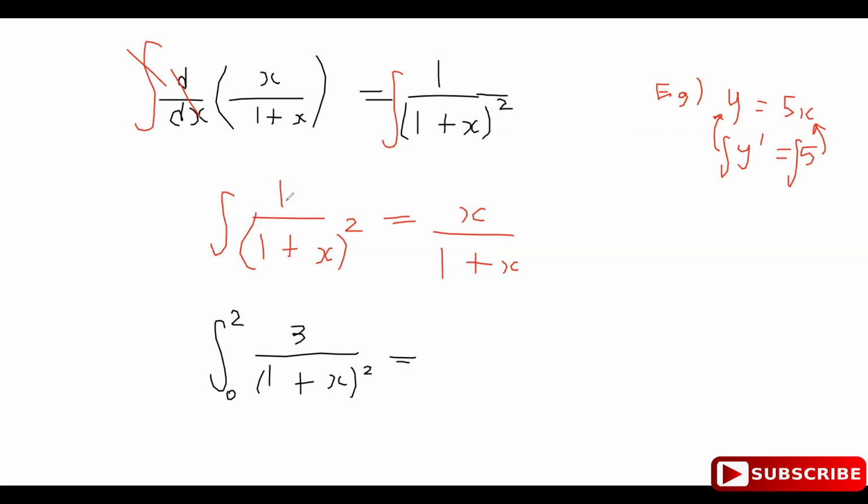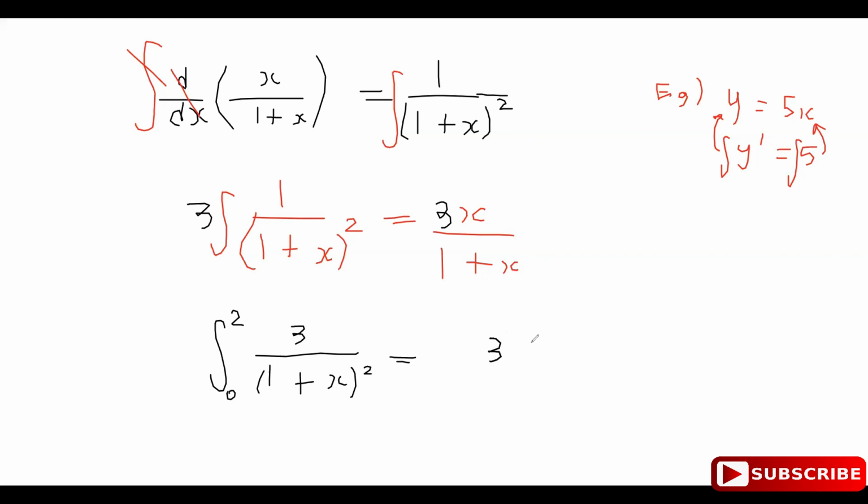Now, if you notice from up here, if you multiply both sides by 3, you get that 3 times the integral of this is equal to 3x over 1 plus x. And so this is what we have now.